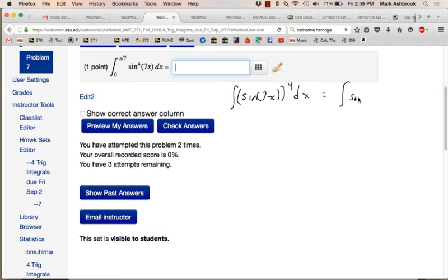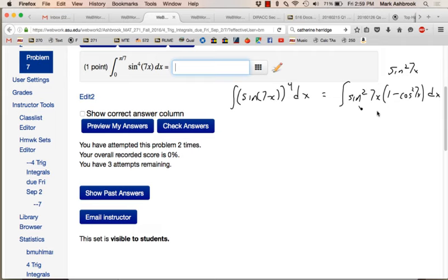I don't think it works. Sine squared, so we get sine squared 7x times sine squared 7x. So let's just try that and see where it leads us here. Sine squared of 7x times another sine squared of 7x, which is, we're going to do 1 minus cosine squared.